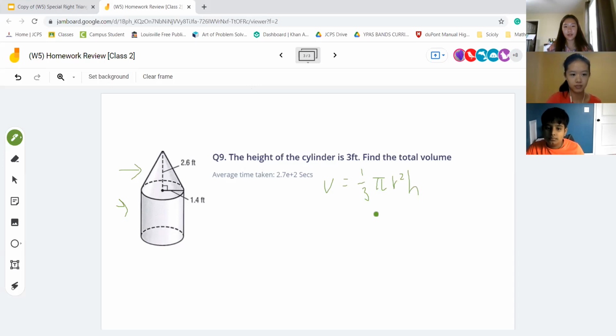I'm going to put in 1.4 for r, and then 2.6 for h. I'm just going to use the calculator: 1/3 times 1.4 squared times 2.6.